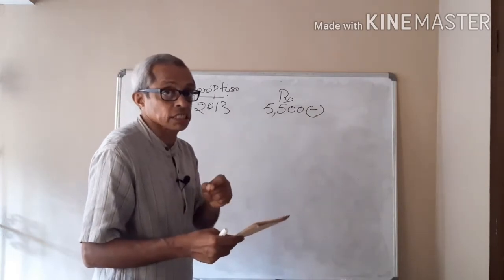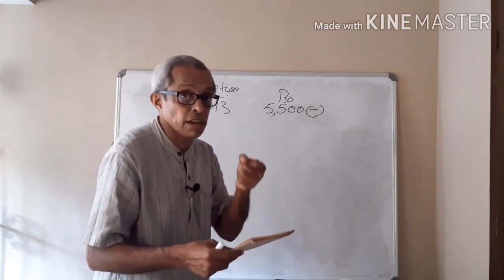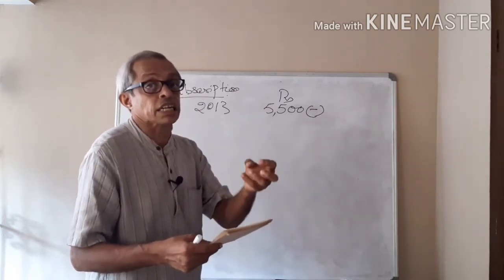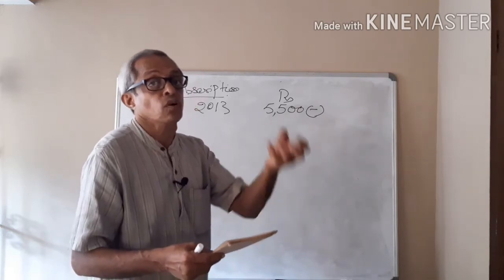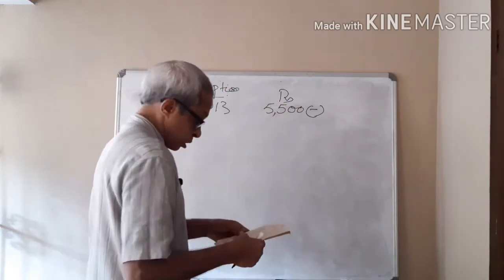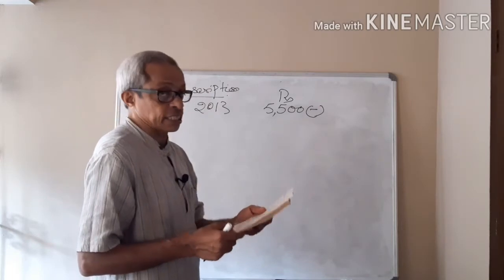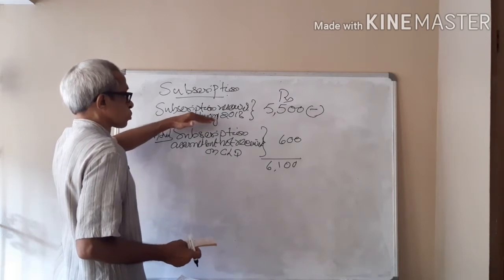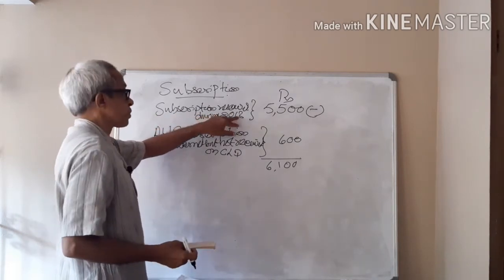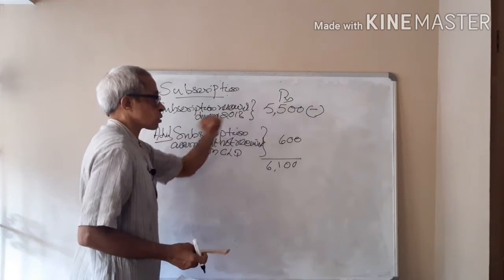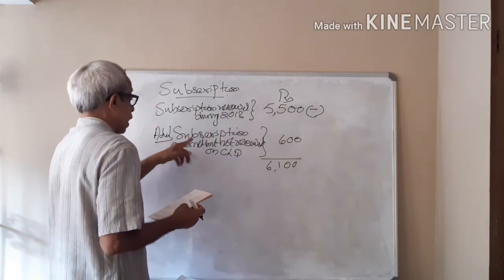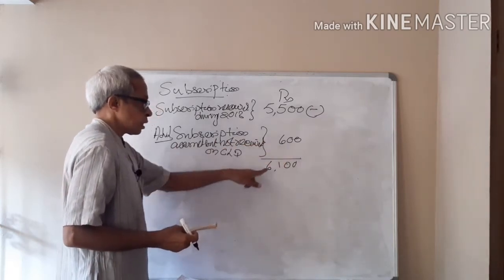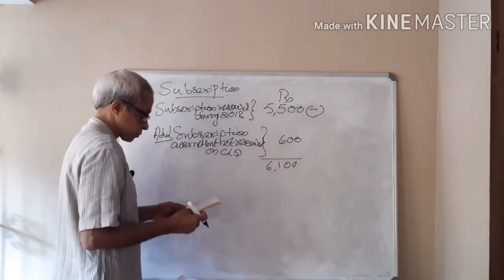We need to adjust the subscription receivable or accrued but not received during the current year, that is subscription accrued balance of closing date. So that amount is 600. To this figure, that is subscription received during the year 2013, taken from the receipt side of receipts and payments account, that is 5,500, we added subscription accrued but not received on the closing date, that is 600, the amount being 6,100.